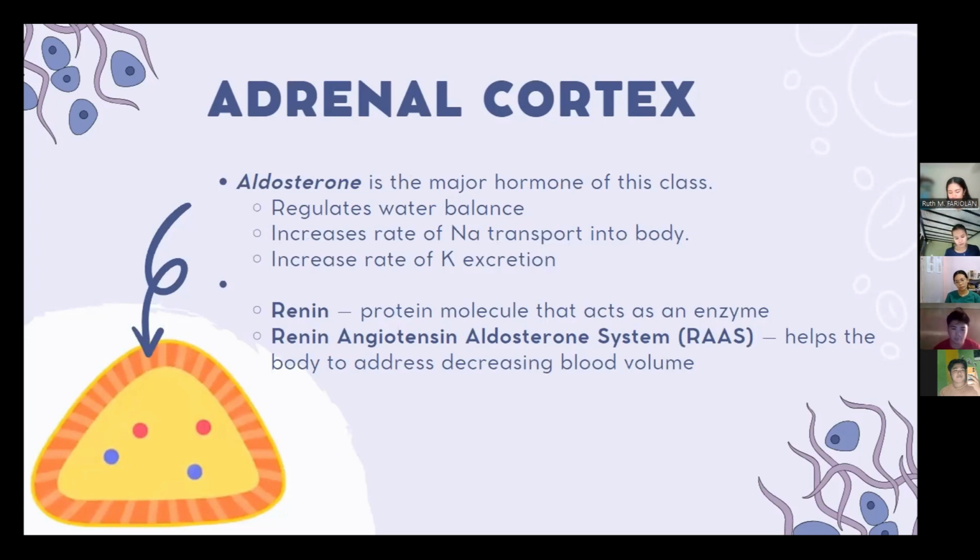Aldosterone is secreted under low blood pressure conditions. It returns blood pressure to its normal range through modulation of kidney function. Renin is a protein molecule that acts as an enzyme. The renin-angiotensin-aldosterone system helps the body to address decreasing blood volume. Next, please.